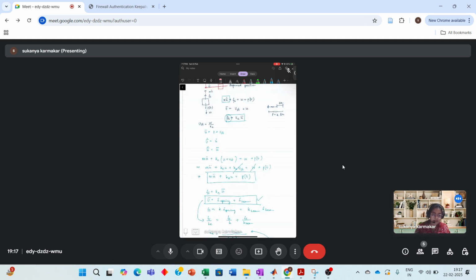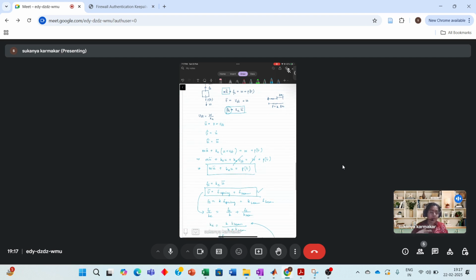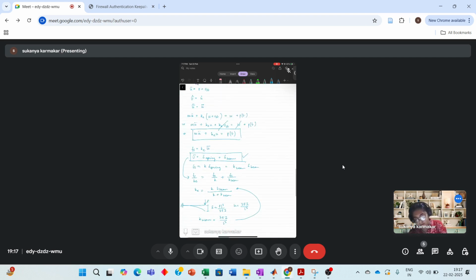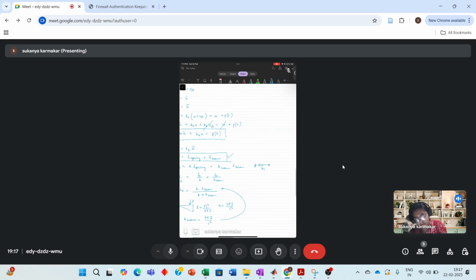So this tells that this system is in series. If something is in series, the force will be the same. So the system is something like that. You have a spring K1 and you have a spring K2, and you are pulling it with a force P. So the forces in the springs will be the same.